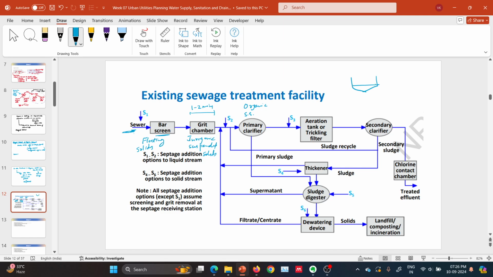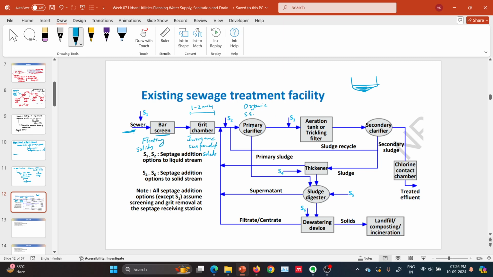This is the primary sedimentation tank, primary clarifier. So it will form sludge at the bottom. That sludge is first transferred to the sludge digester, and then it will be dewatered. We'll understand about the sludge digestion in the later part.